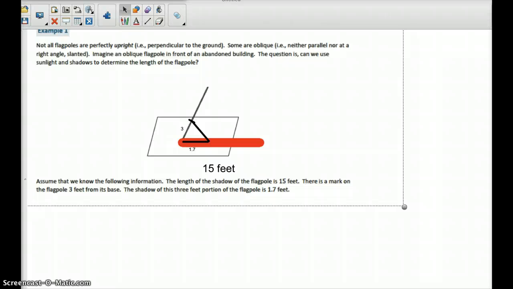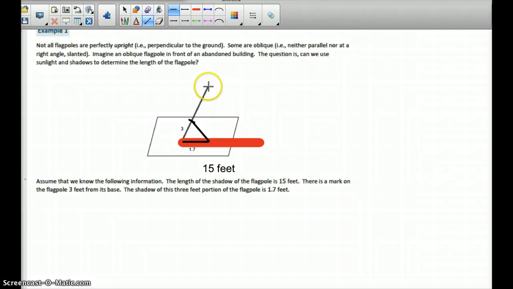So our whole question with this is, can we determine the length of the flagpole? Can I determine this whole line right here? Well, to do that, I'm going to go ahead and complete a second triangle here. Okay, and these two lines that are parallel right here, those are like the sun's rays coming down from up here to complete those triangles. So we have the length of the flagpole here.